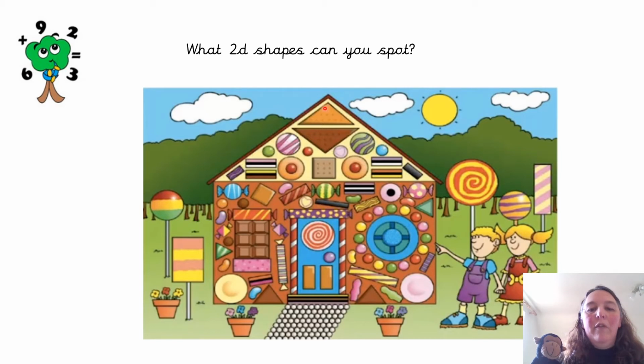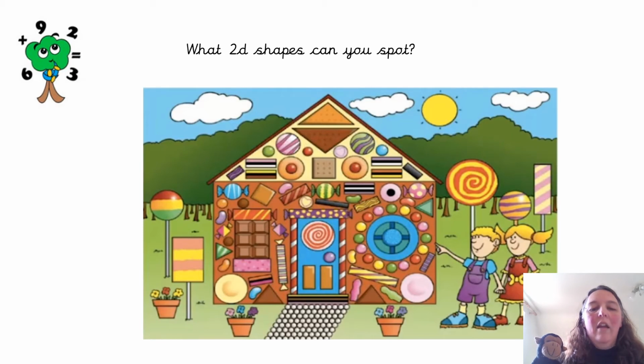The roof of the house is a triangle. Can you see any more triangles? Oh, there's one down here at the bottom of the house. Can you spot any more? How many can you spot? What other shapes can you see?